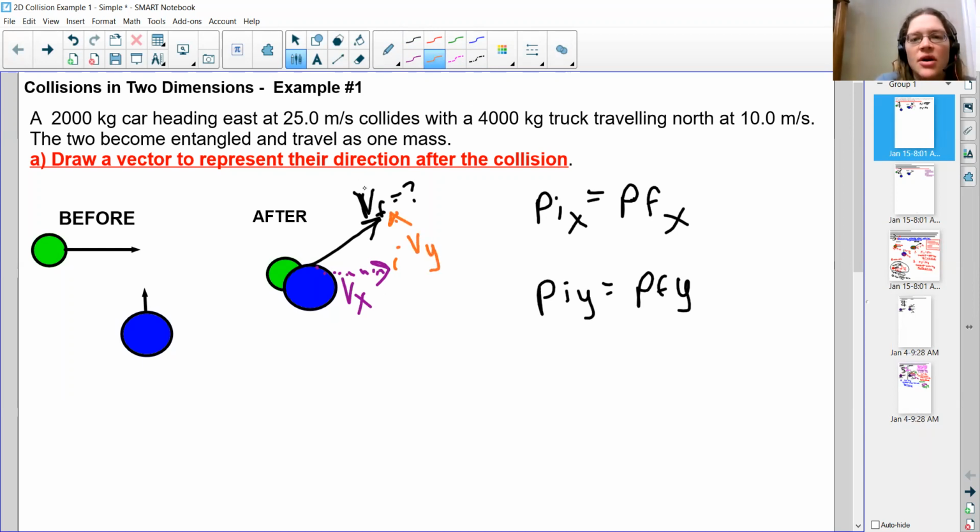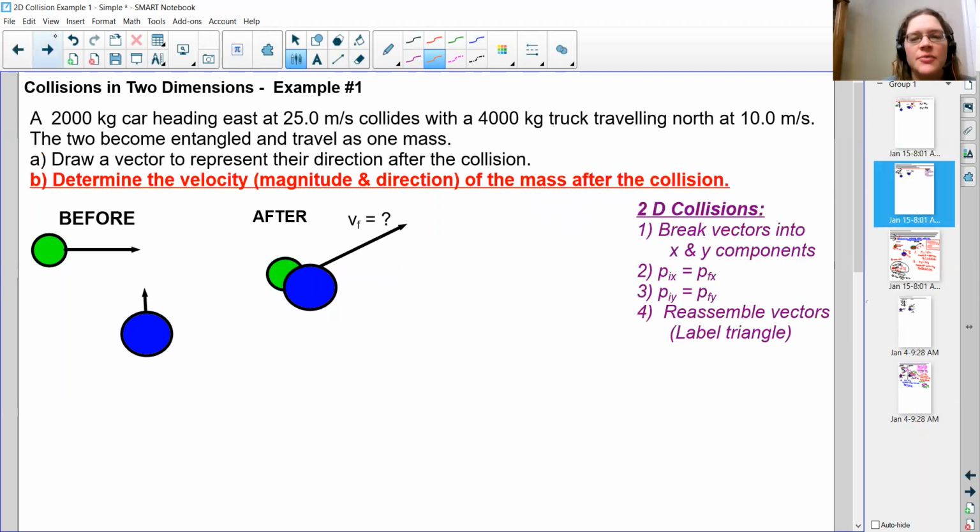And then at the end, we're going to need to assemble these components to get a vector. So I'm going to flip the slide, and we're going to determine the velocity, magnitude, and direction of the mass after the collision.